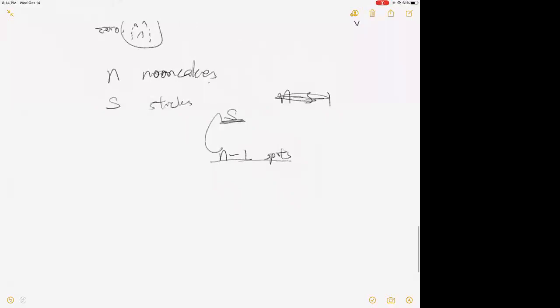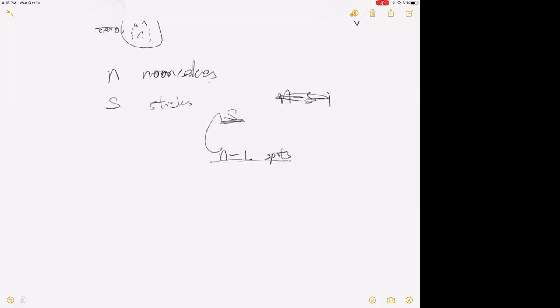So that means if the number of mooncakes is n minus s minus 1, let's say there's first n1 mooncakes and s sticks. What do you mean n1 mooncakes? Just n mooncakes, right?